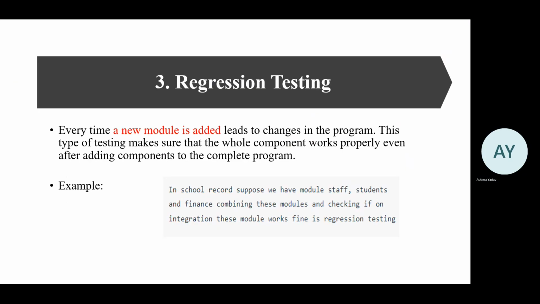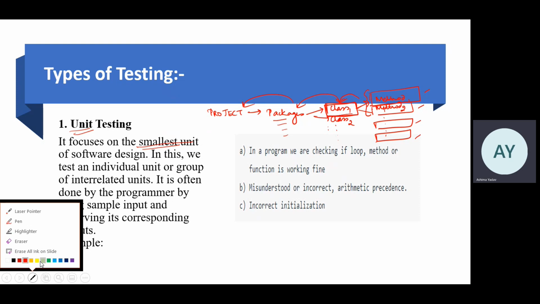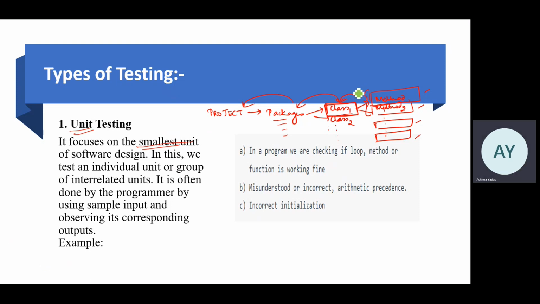And next is regression testing. Regression testing focuses on what happens if you add a new module in your software. Let's say I add a new method here, maybe method 5. What will happen if I add this method?